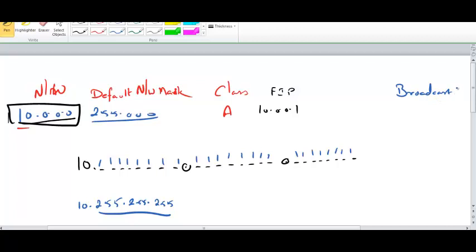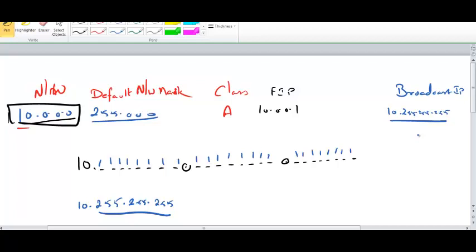Broadcast IP. So the broadcast IP address will be the last of the network, 10.255.255.255. The last of that network is not considered as an IP for a computer. It is to talk to everyone in that network. That is what is called the broadcast address.